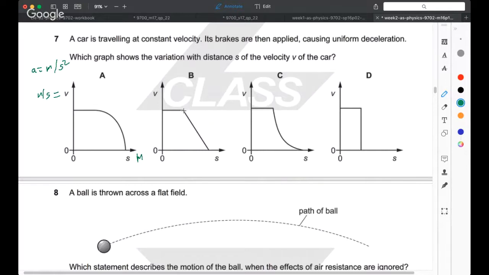So this is a line. And this is the effect of the acceleration. But if you see, acceleration is a square with respect to the time. So you cannot expect a line here. You must expect a parabola.